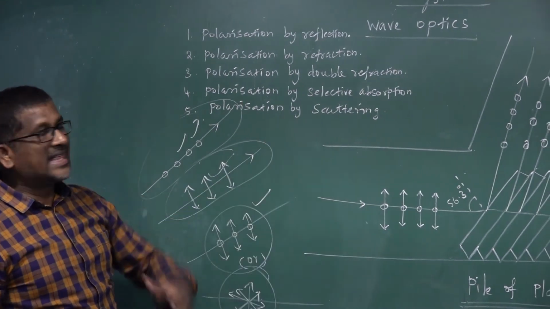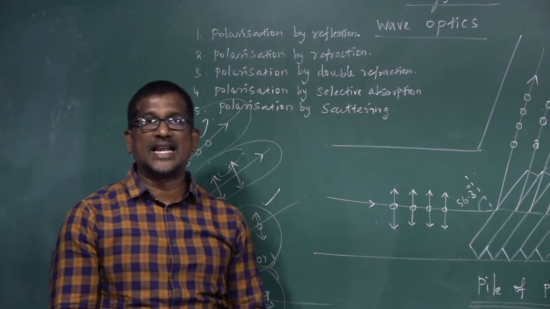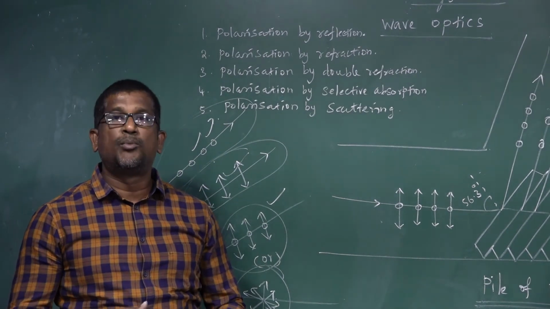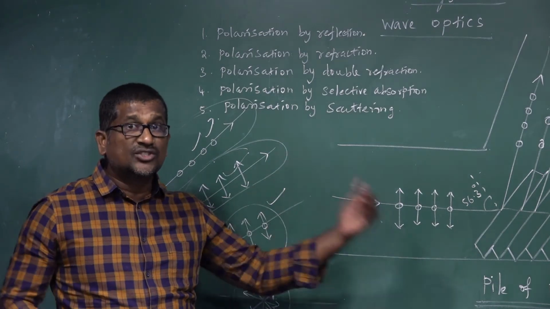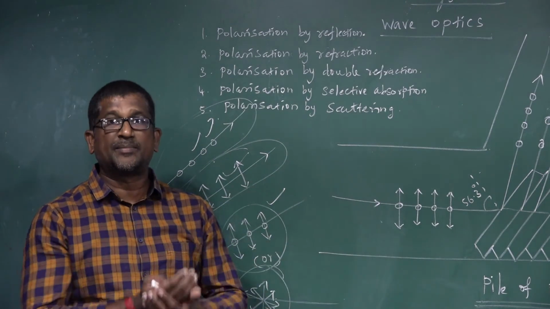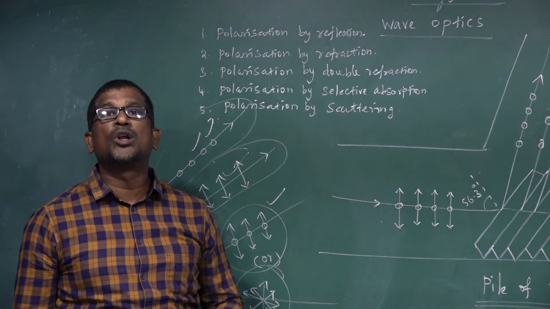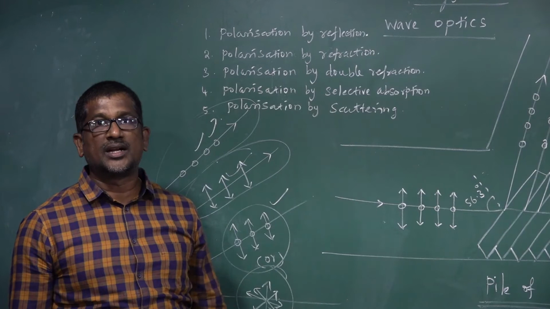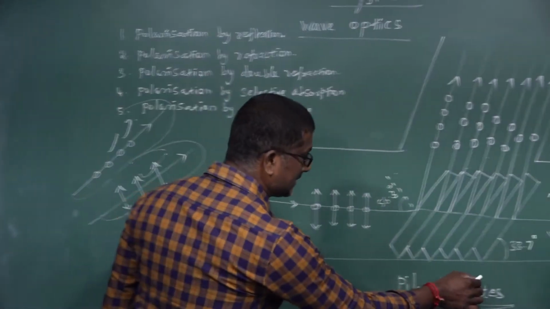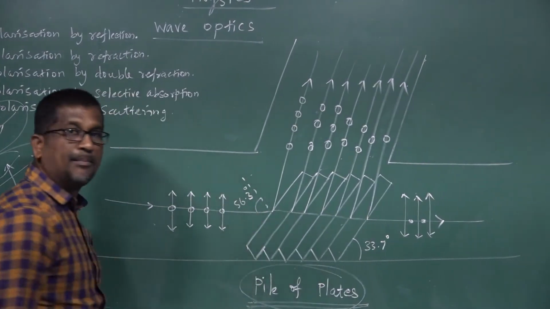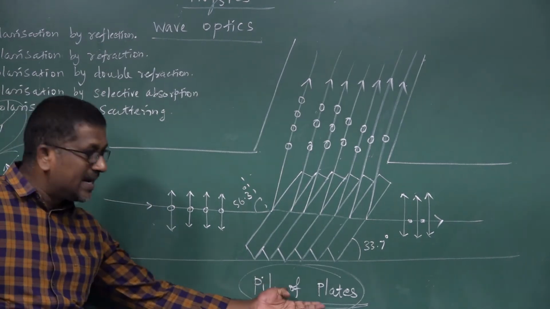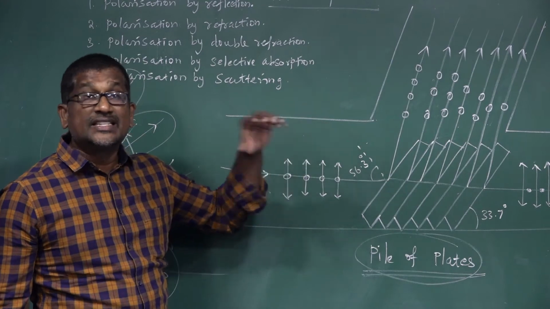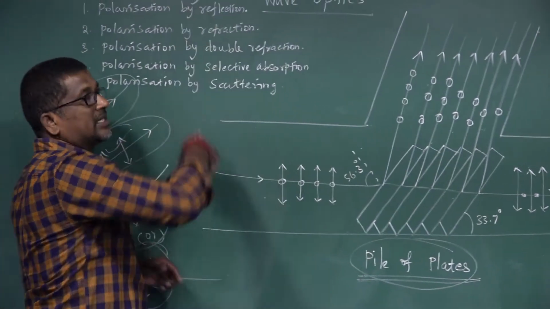There is a simple experimental arrangement which is used to produce plane polarized light. The construction of that arrangement is based on polarization by reflection. That experimental arrangement is called pile of plates. Pile of plates is a simple experimental arrangement, and its construction is based on polarization by reflection.